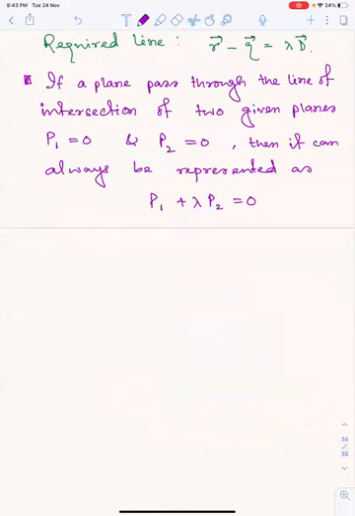You can have a corresponding diagram. Say this is a plane.